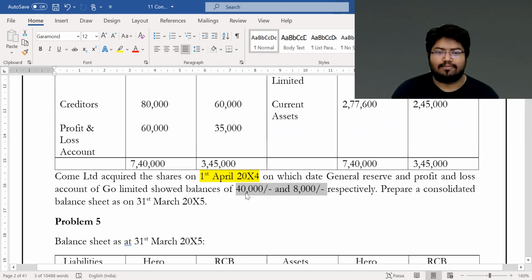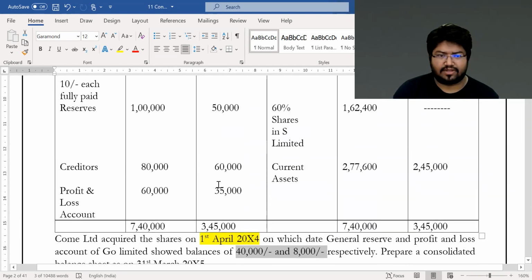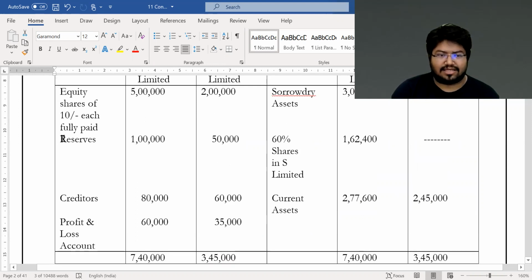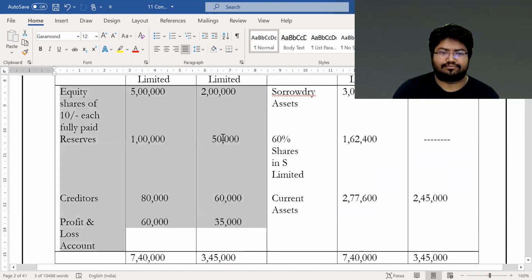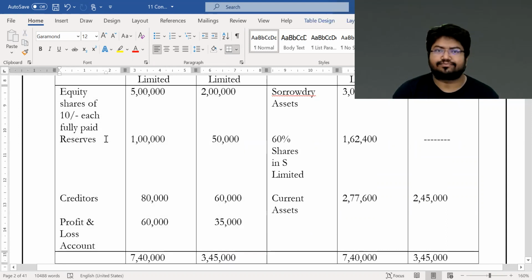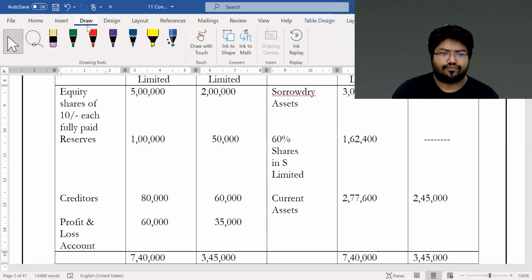He has directly told me that they were 40,000 and 8,000 at that point of time. And next important thing you need to observe is, reserves is basically nothing but your general reserve.